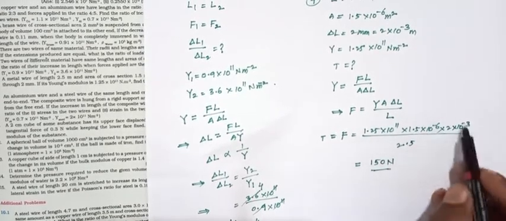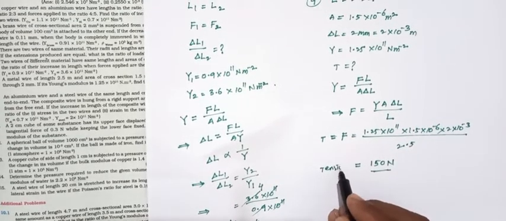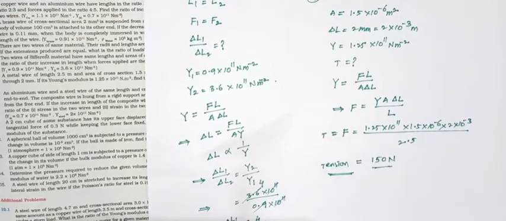We can calculate with a calculator. The tension of the wire equals 150 newtons.